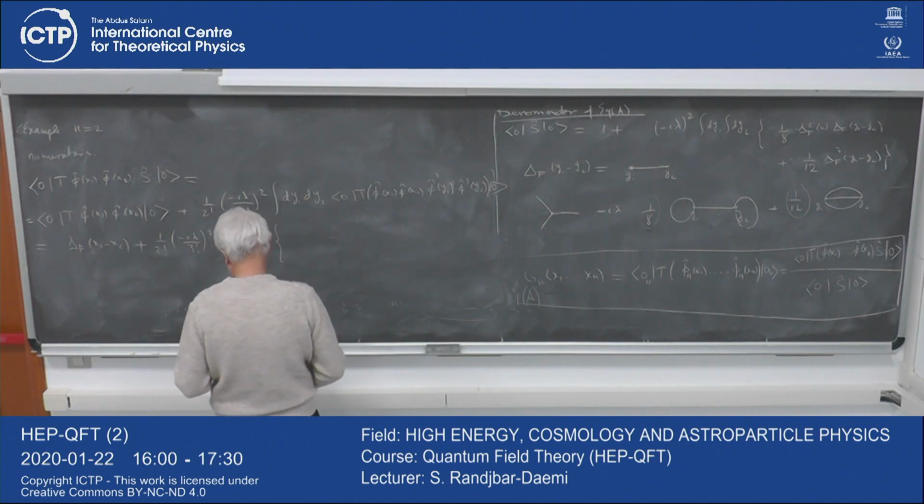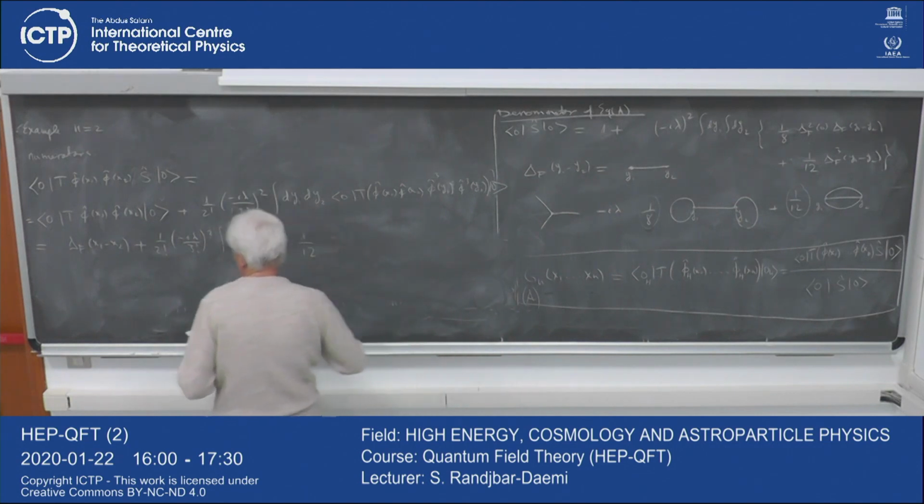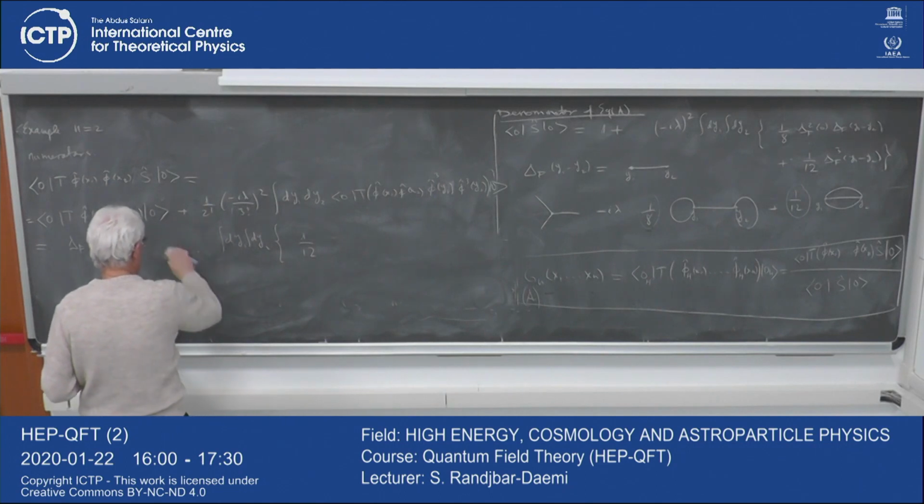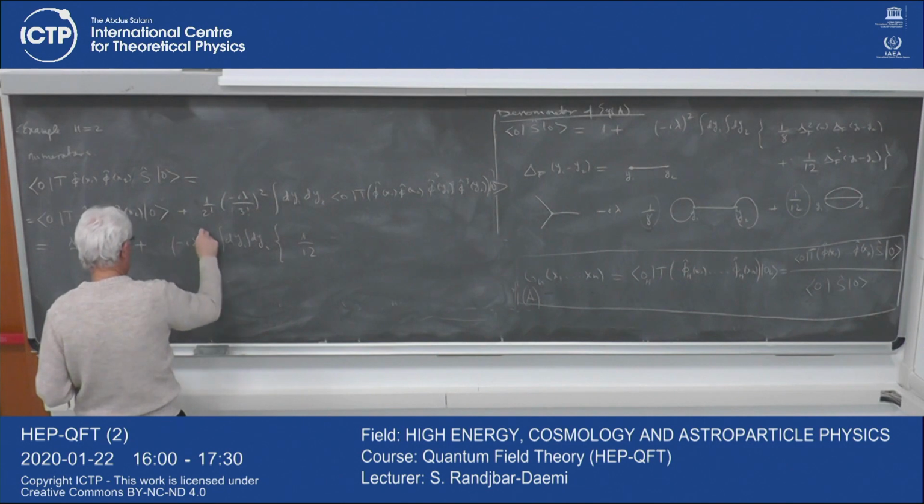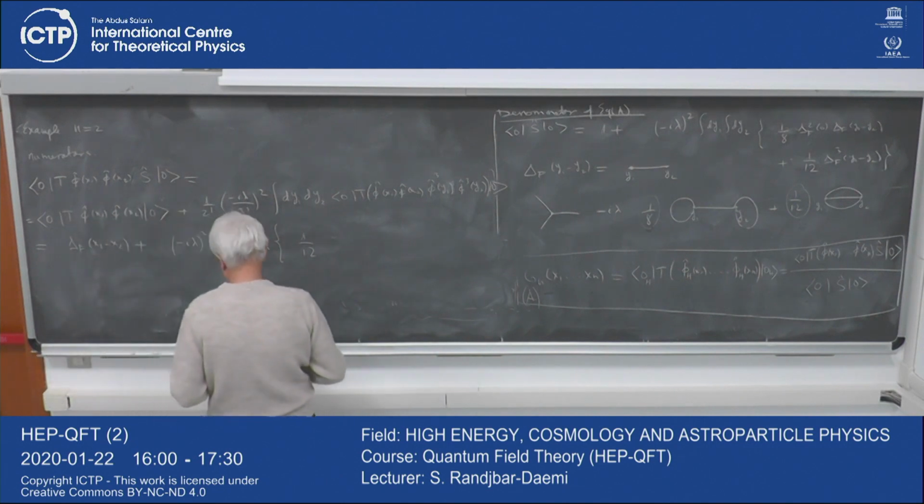I'm not going to write the deltas. I will just put the numerical factor in front, remove these things, and keep minus i lambda. This is the worked-out expression.